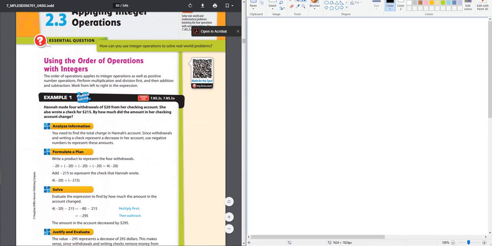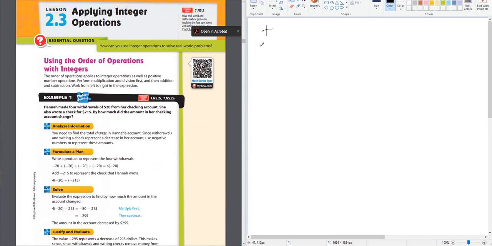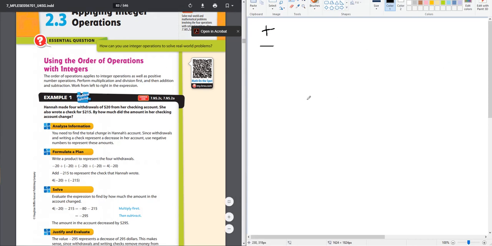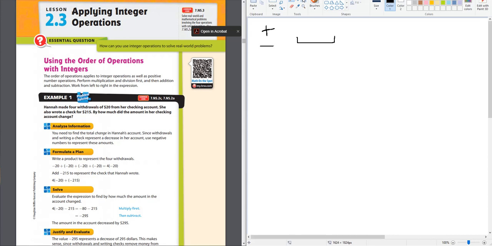Let's start with addition, right? So for both addition and for subtraction, we have to put into account a bunch of things. First of all, I always split up my addition and subtraction problems into three parts. This is where you start on a number line.